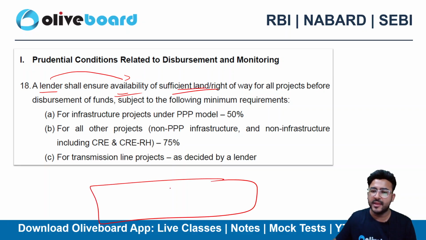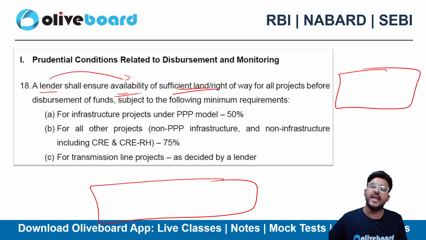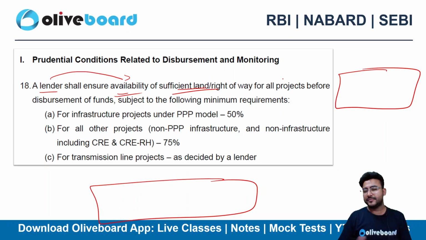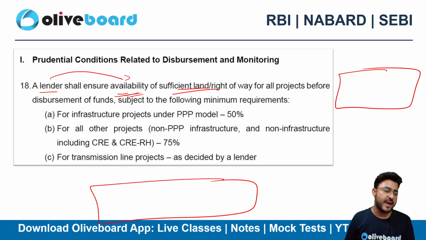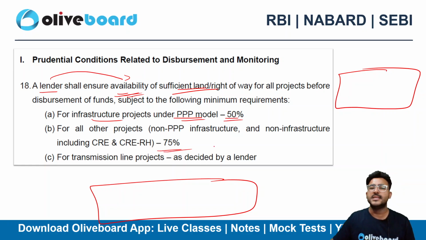You're building a highway and there's no land, how is that possible? Building a complex and there's no land, we'll get adequate land later, but when will you get it, right? So the lender needs to ensure the availability of sufficient land and right of way for all the projects. You should have sufficient land, you should have all the rights related to the projects, right? If it's an infrastructure project of the PPP model, then 50% is the criterion. For others, 75% is the criterion here, right?